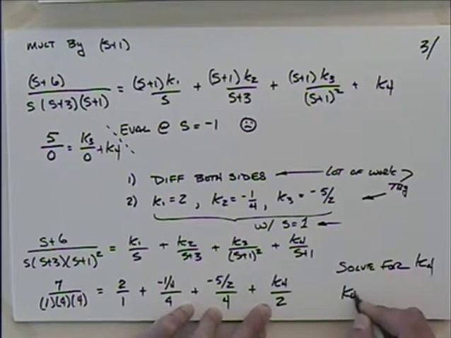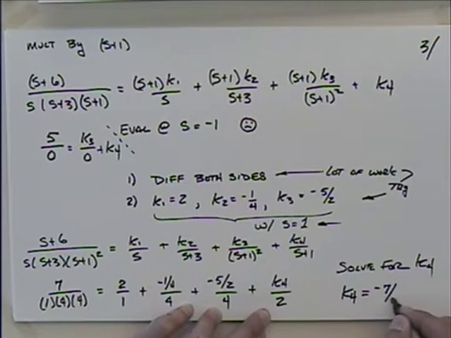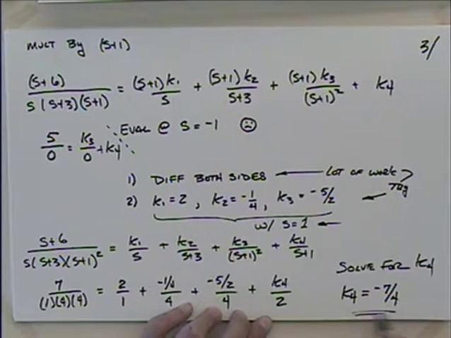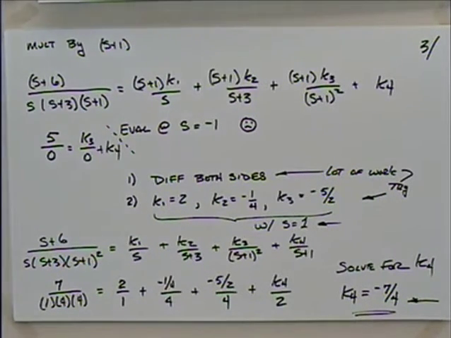And we get that K4, I think, is equal to minus 7/4. Okay? Which is a lot easier than going through the differentiation. Did everyone follow that okay?